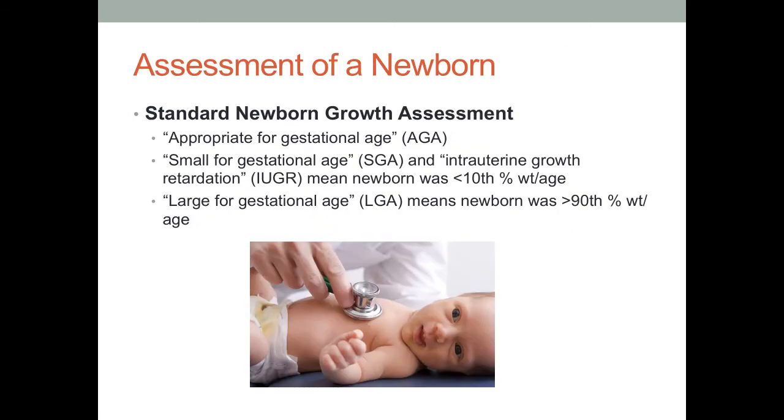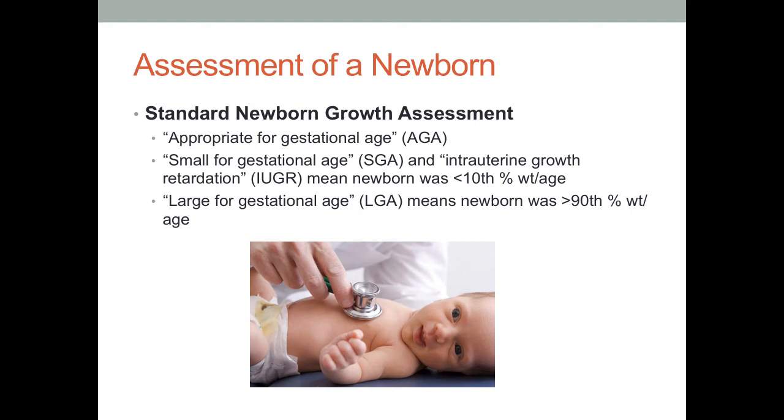Now, with all this discussion of weight and length, I want to remind you, going back to growth and development, that we also assess the newborn when they're born to see whether they grew normally in the uterus. So if they're appropriate for gestational age, it basically means they're between the 10th and the 90th percentile, weight for age and height for age. If they're small, that may mean that they have intrauterine growth retardation, and that means the newborn was less than 10th percentile weight for age.